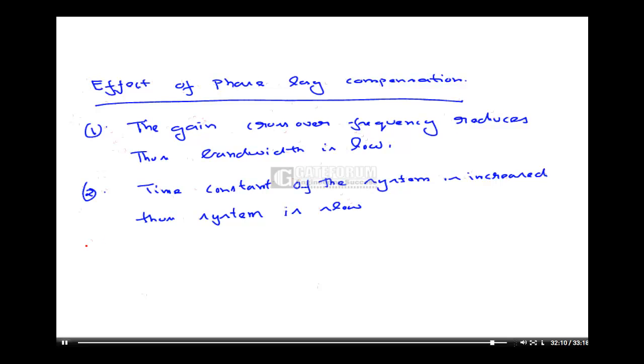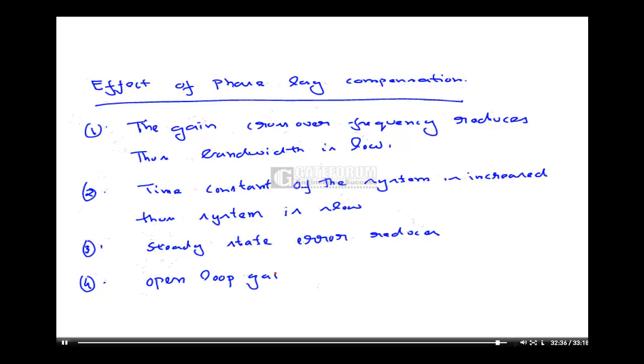Third one, steady state error is reduced. Okay. Fourth one is open loop gain increases but system is stable.